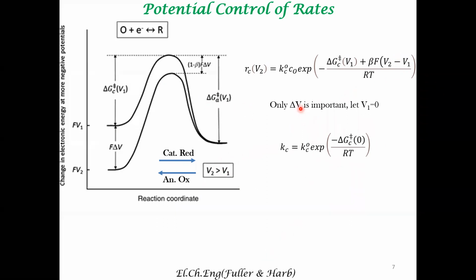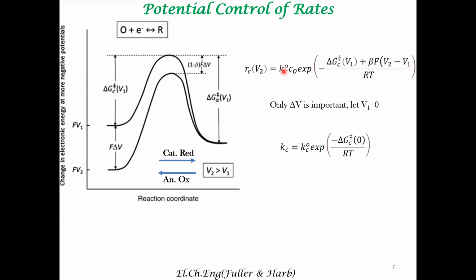So we are going to pull up this term and this term. This term becomes this term because V1 is 0. So that will become a constant. That is a constant. With respect to that constant, we are going to discuss changes in activation energy, which is this term.